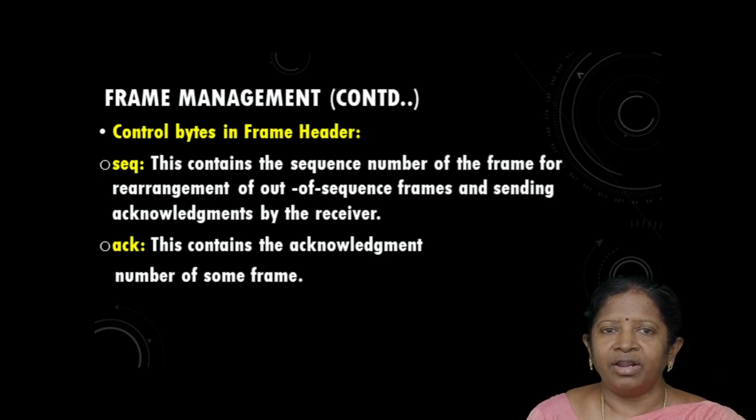If it is an acknowledgement frame, we have the number of the frame for which we are sending the acknowledgement. Suppose I have to send an acknowledgement for the fifth frame, then this ACK sequence number will be 5, saying that we are sending the acknowledgement for the fifth frame.